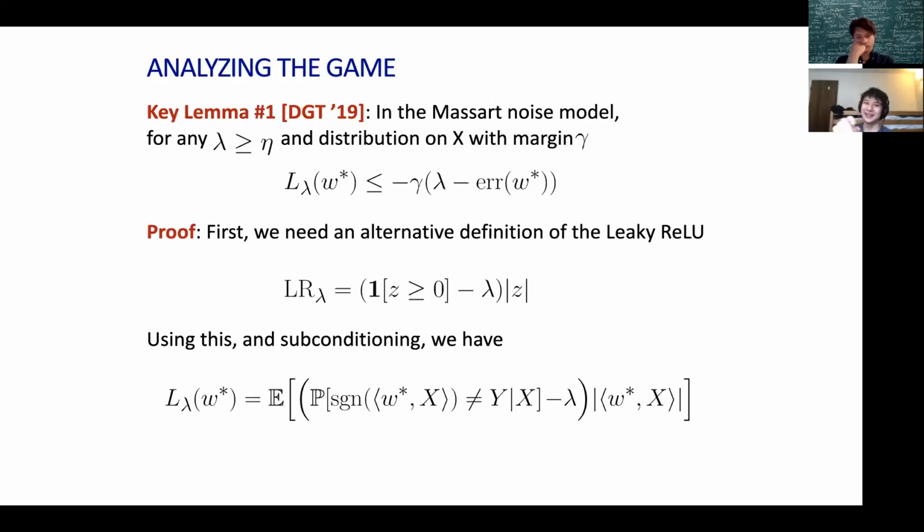So if we plug in that definition of leaky ReLU and then use the law of total expectation over x, we just get this expression: the inner expression is like the 0-1 loss for this particular point minus lambda, and it's weighted by w star dot x, which is like the distance from the decision boundary. To prove it, we observe that probability is exactly eta of x. It's at most eta, so at most lambda. In particular, this number is always negative. So using that, we get the negative upper bound.